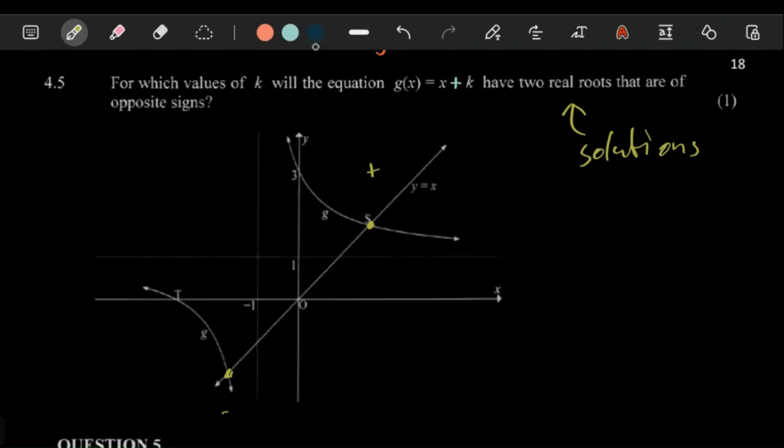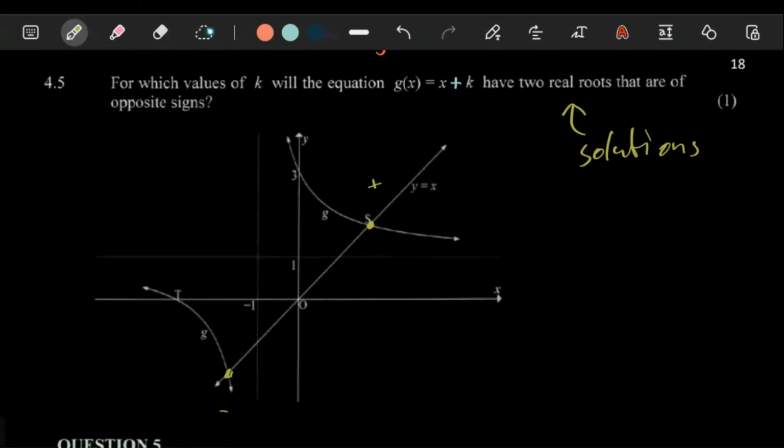But then wait a minute, hold on. The x value is a minus here, the x value is a plus, yes. However, when they are talking of the roots of this equation, they're talking about solutions, and these graphs meet at specific x values. And we did say this x value is going to be a plus, this x value is a minus.